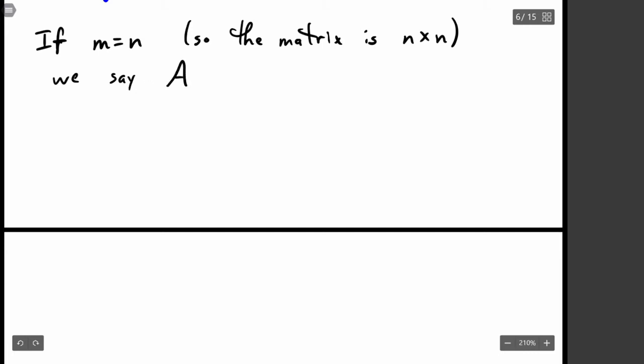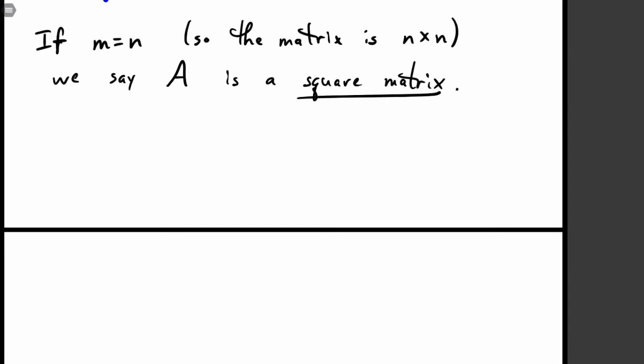I'll call that matrix up there capital A. We say the matrix A is a square matrix. And again, square matrix here just means that it has the same number of rows and columns. It'll turn out for us that square matrices are quite important.